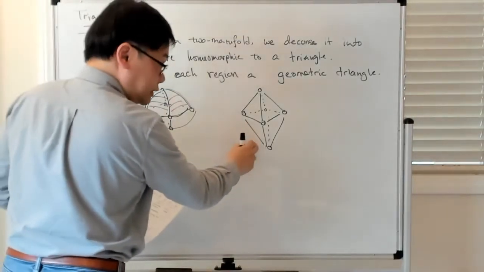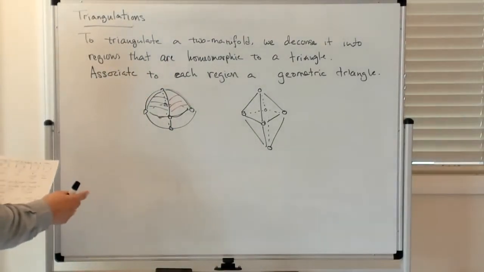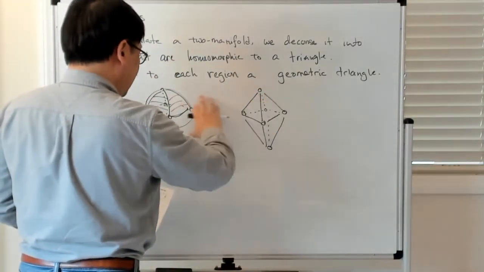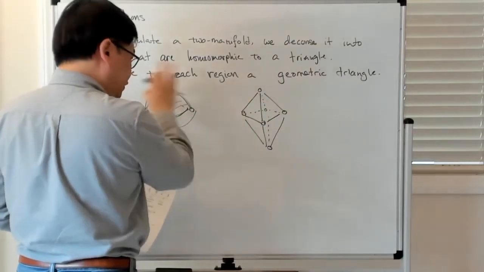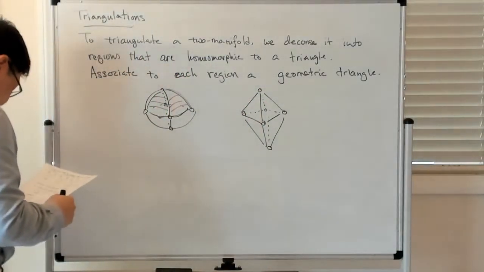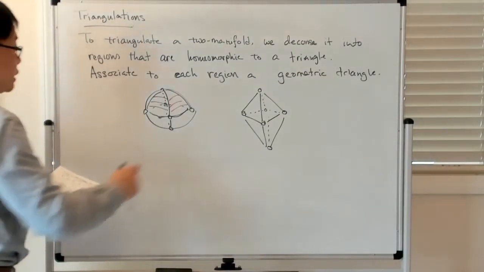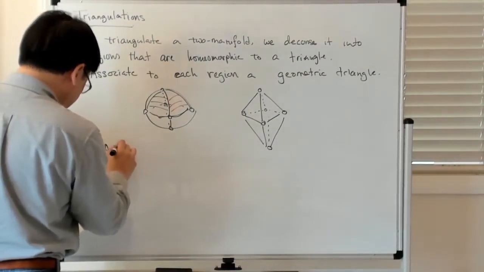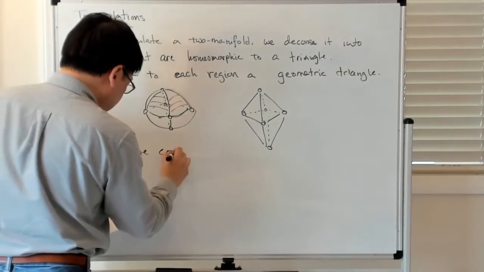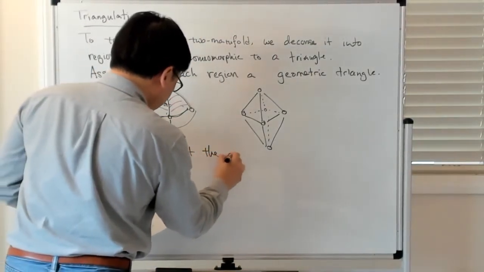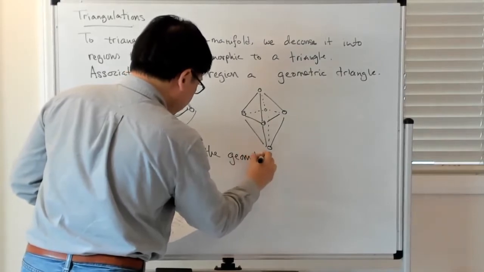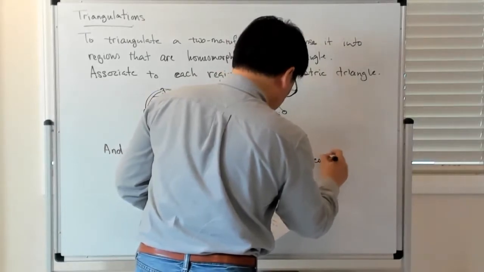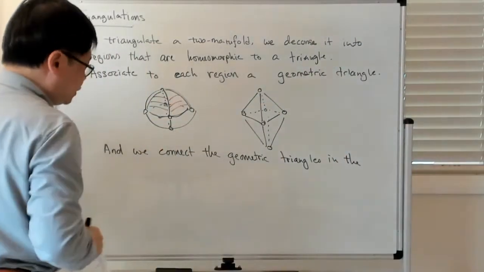You can see this is a triangulation. And when you glue them all together in the obvious way, there has to be a homeomorphism between the original manifold and this triangulation. So each region is identified with a geometric triangle, and we connect the geometric triangles in the same way that the original regions are connected.